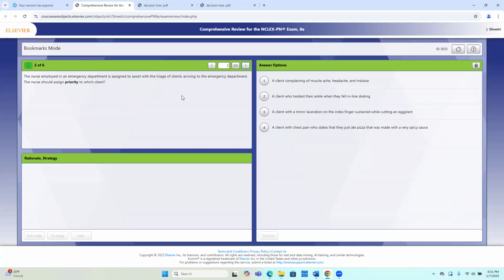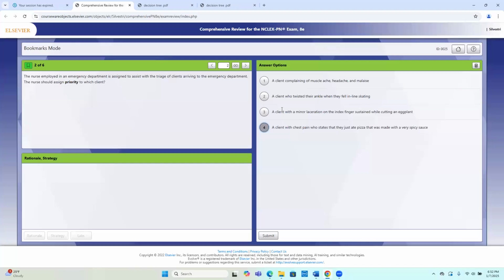Client with chest pain who states they just ate pizza that was made with a very spicy sauce. Now, you may deduce that that possibly is GERD, and it may be, but we can never just rule out that chest pain is related to GERD without doing a further assessment, right? We know that's going to be the top physical need at that moment.